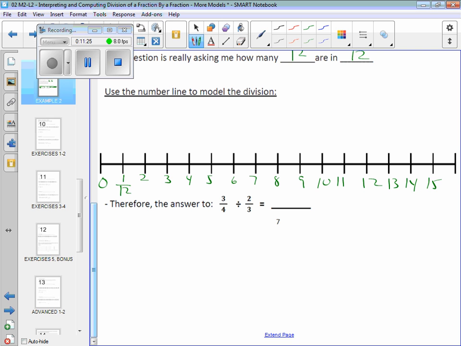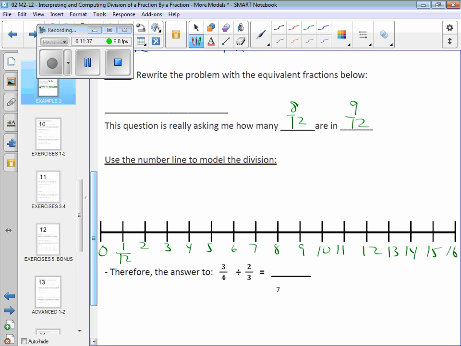Number all of the lines because you don't know how many you're going to need yet. Where do you have to go to? You got to go to 9/12, right? So make your line at 9/12 so you can see it.